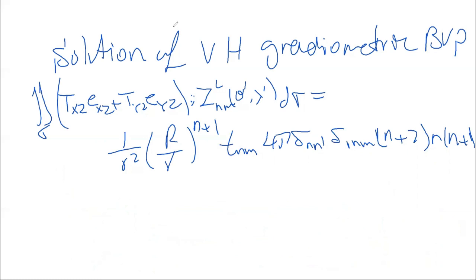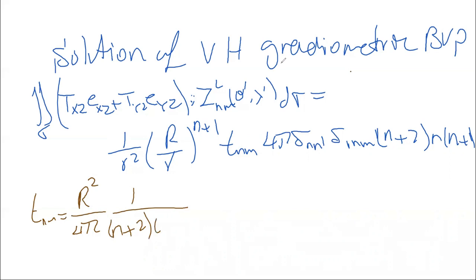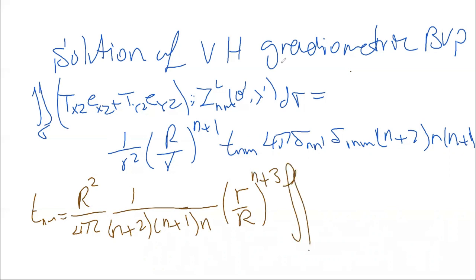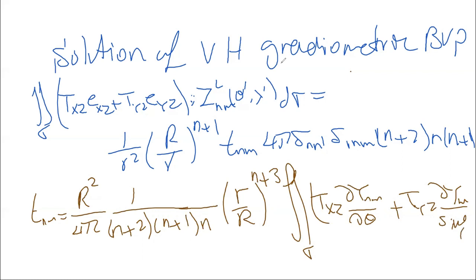This means that the final solution for T_nm, the potential T_nm, will be 1 over 4π, again r² I will write, divided by n plus 2, n plus 1, r over R to the n plus 3, integral of Txz multiplied by ∂Y_nm over ∂θ plus Tyz ∂Y_nm over ∂λ sin θ, dσ.